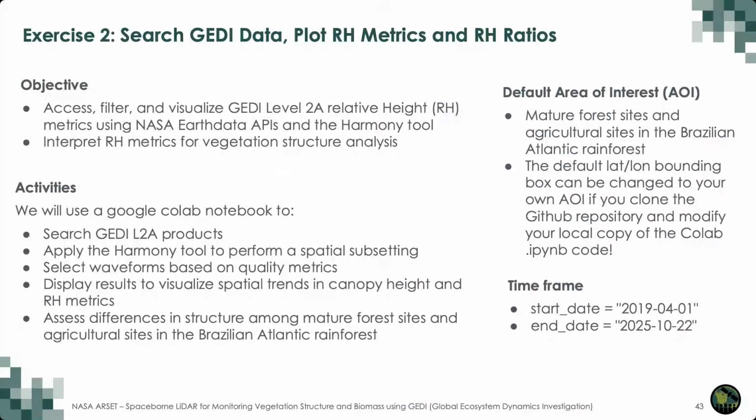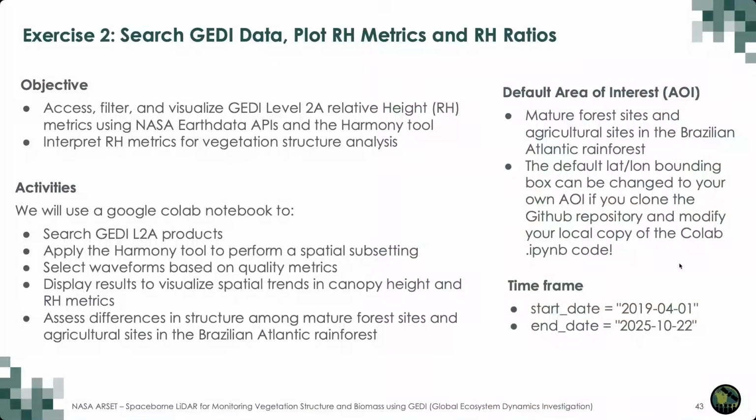Thank you, Savannah. So we are going to do an exercise processing GEDI Level 2A datasets using the NASA Harmony tool. Our goal is to display relative height metrics for vegetation structure analysis.